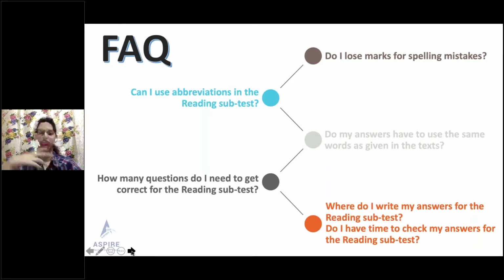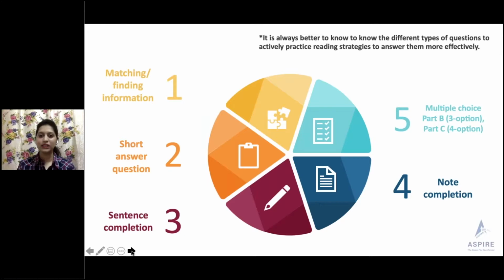So why have I been discussing different types of questions? It's always better to know the different types of questions to actively practice reading strategies to answer them more effectively. So basically, when you have an idea, you know what to expect.